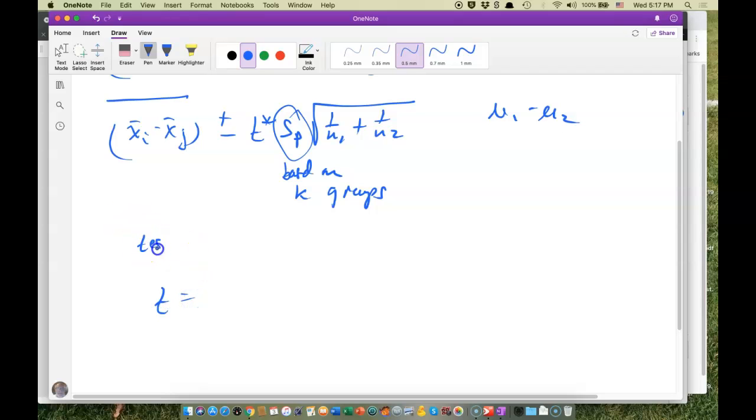We had this test statistic, and the general form was a statistic minus a null parameter over a standard error. They had that form whether we're dealing with proportions or means or difference in means. We had either a t or a z. Well, now we're going to have a t.